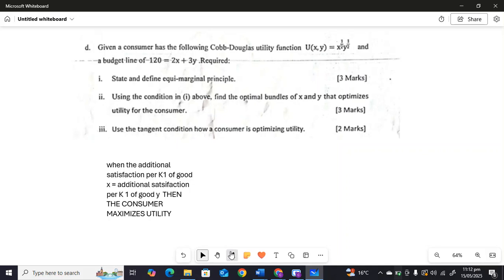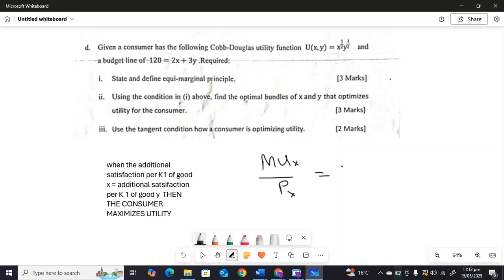So the additional satisfaction per one quadrant for good x can be written like this: MUx over Px. Think of it as the value for your money. Okay, each time you spend money, you want to spend it so that you get the most satisfaction. That's what the marginal utility divided by the price is. Okay, it's just telling you the value of the money that you're spending.